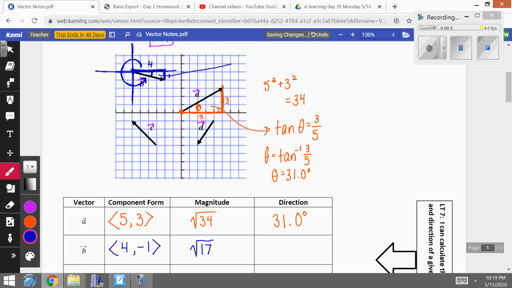If I move it over here, that means, again, we're going to do the tangent. So the tangent of whatever that angle is, that's what we're trying to find. I'm not going to call that theta right here, just because that's really the direction that we're thinking of, but it is the opposite over adjacent. So if we're doing the inverse tangent on it, again, we would use our calculator.